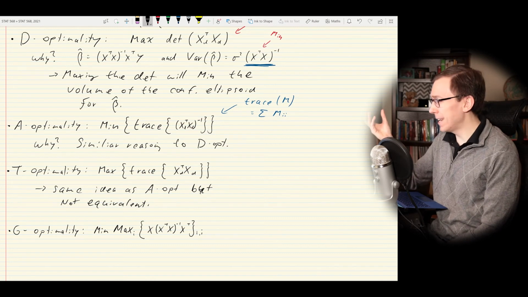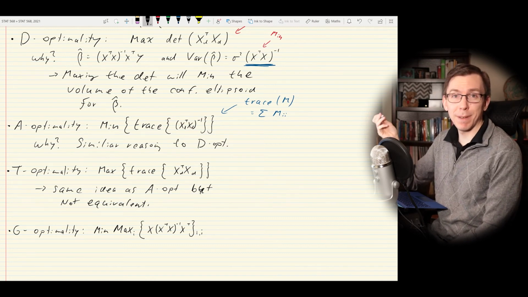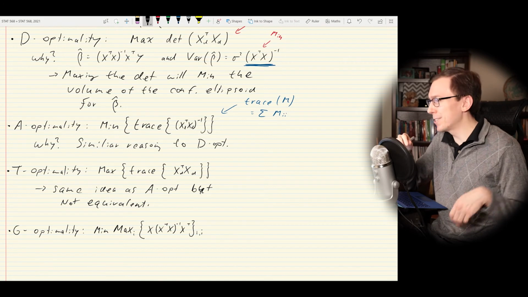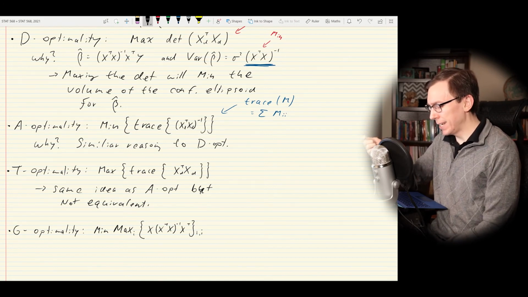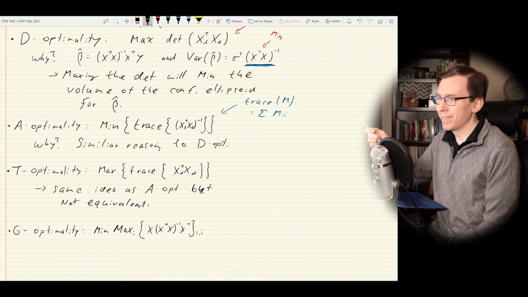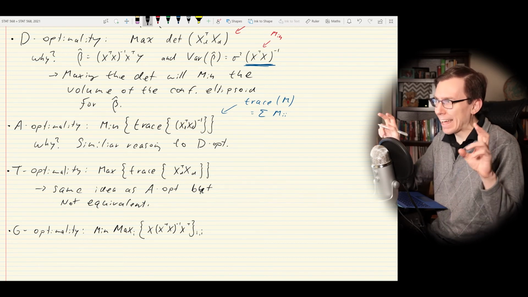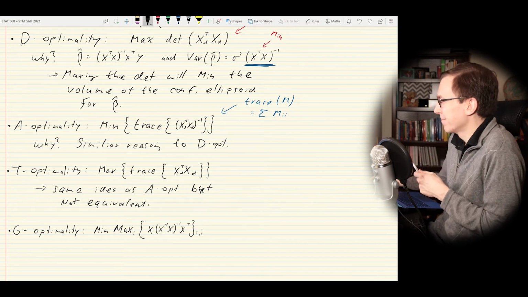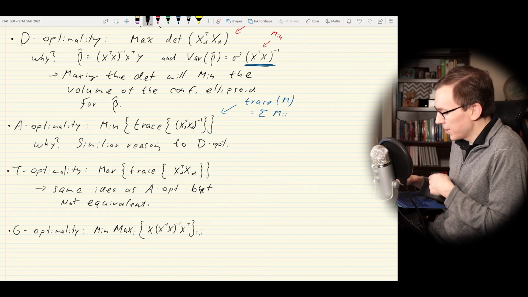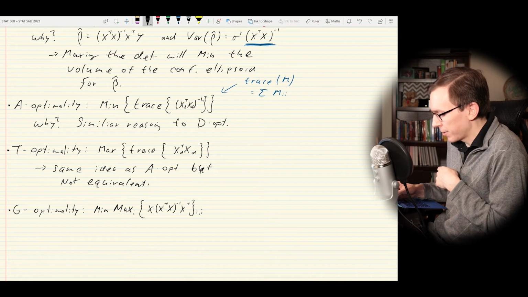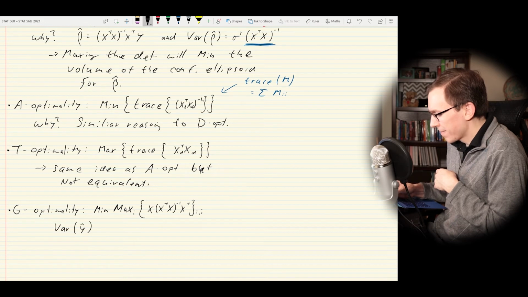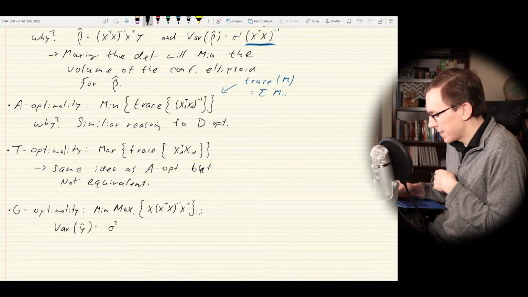Well, if you've taken linear regression, sometimes this matrix is called the hat matrix, and you use it to, in some sense, get a hat on things. But it also shows up as the variance of a prediction. So in linear regression, we would find out that the variance of y hat is going to equal something like sigma squared.